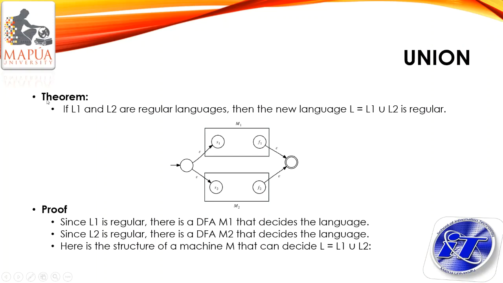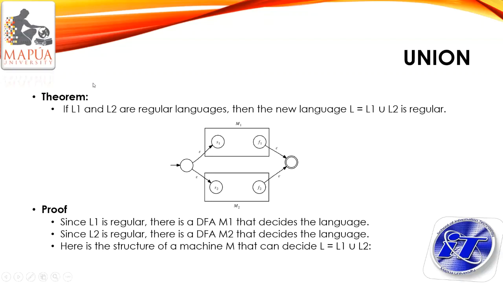We have this theorem: if L1 and L2 are regular languages, then the new language L, which is L1 union L2, is regular. Basically, union is combining all strings from two languages to form a new language. For example, English and Tagalog, we combine these and have a new language we call Taglish.